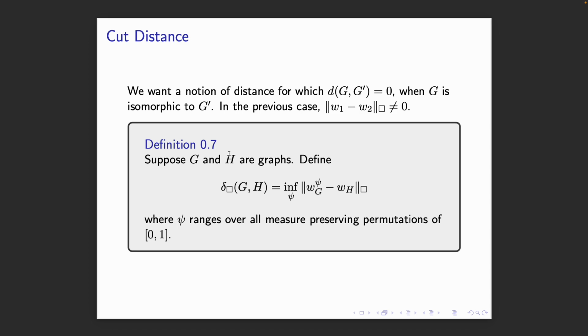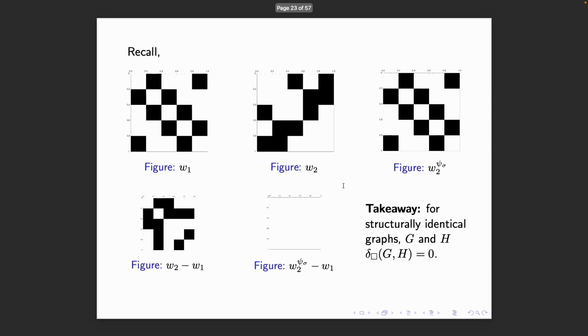So the distance between graphs is defined as follows. You embed the graphs, you compute their adjacency matrices, you turn them into graphons, you find the measure preserving permutation which makes the cut norm value of the difference of the graphons as small as possible, and then that's the distance between the graphs.